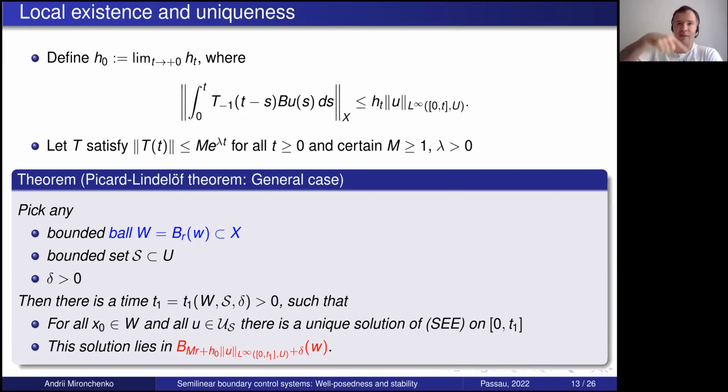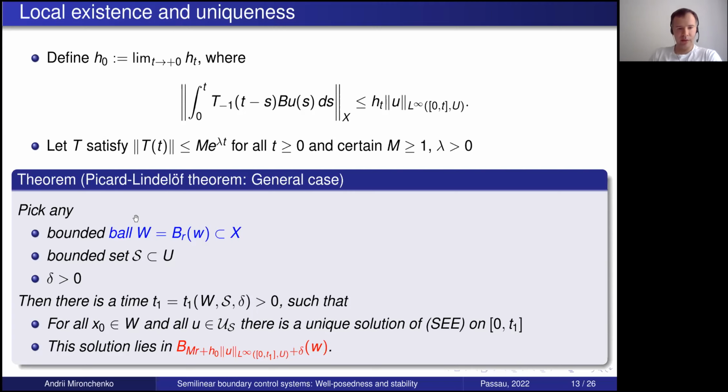But if we take nu and uu, they can drive us from, let's say, the undisturbed case faster and faster. And this H0 describes basically the worst case scenario: how far away we can drive our trajectory from the undisturbed trajectory by applying input u of this magnitude.